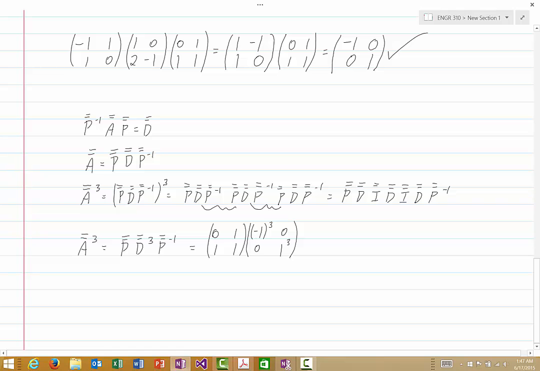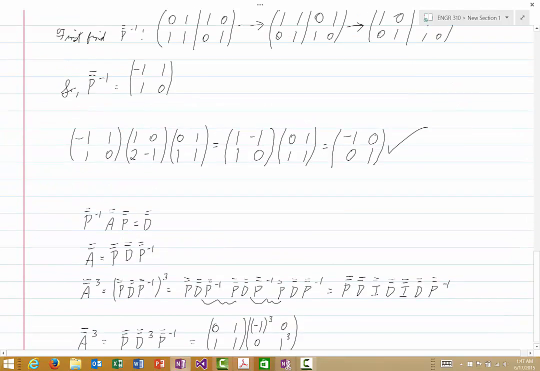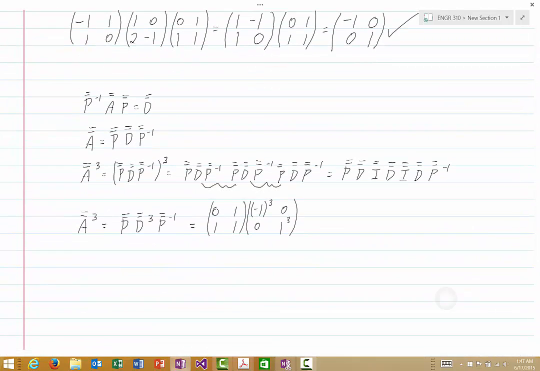And then finally, P inverse, we found, is -1, 1, 1, 0. The point here is that when you have a diagonal matrix and you want to raise it to some power, that's the same as just raising each term along the diagonal to that power.